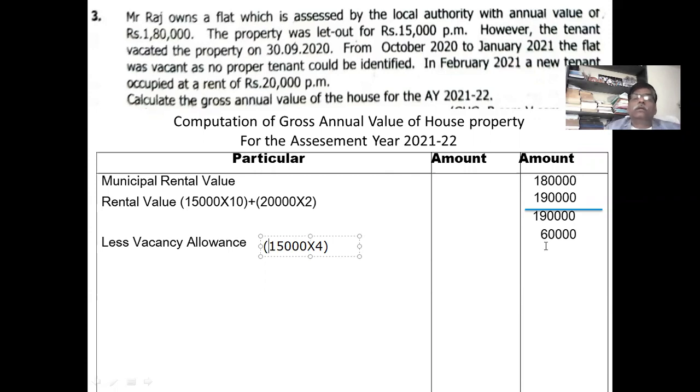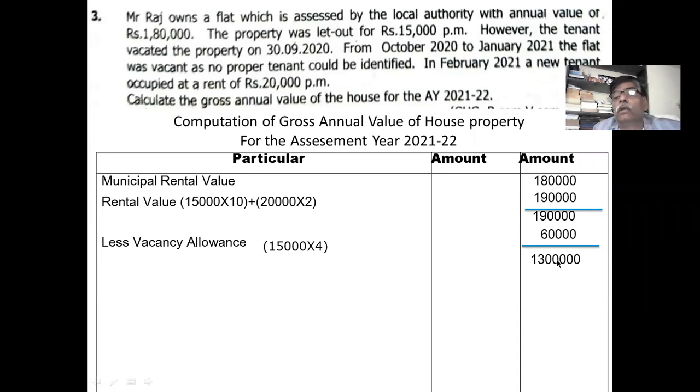So you deduct 60,000 amount. 60,000 is the vacancy period rent. You deduct it, and the balance that comes, 1,30,000, is called gross annual value.